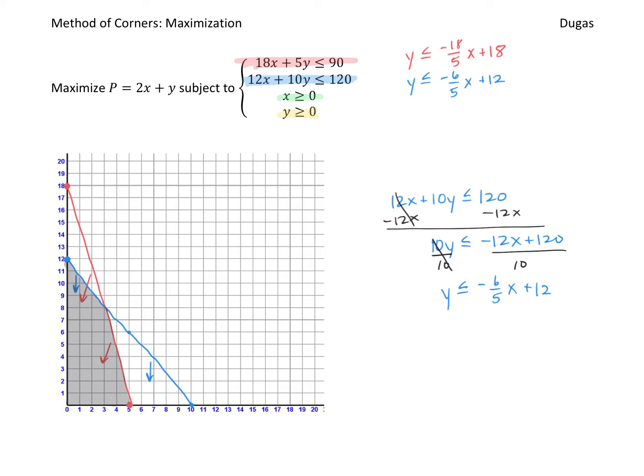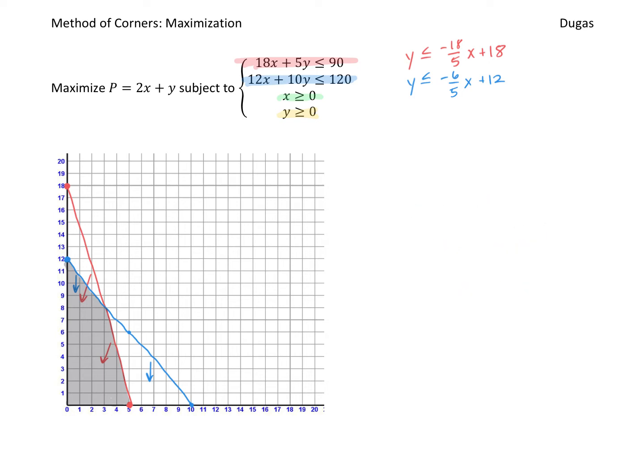That is called the feasibility region. The feasibility region is the region of values that are feasible to satisfy all of the conditions given in the system of inequalities. So let me erase this over here.